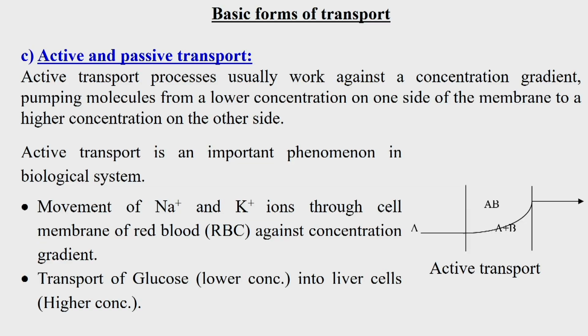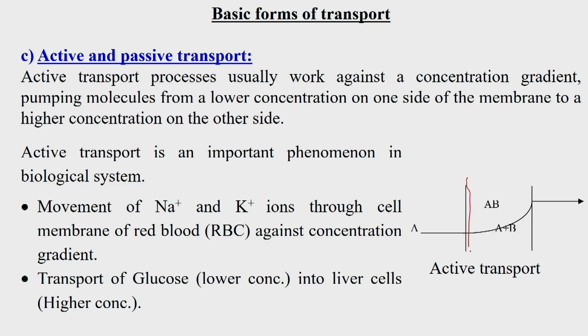The third and last form of transport is active and passive transport. In the active transport process, it generally works against a concentration gradient, like pumping molecules from a lower concentration on one side of the membrane to a higher concentration at the other side. Active transport is an important phenomenon in biological systems, like movement of sodium plus and potassium plus ions through the cell.